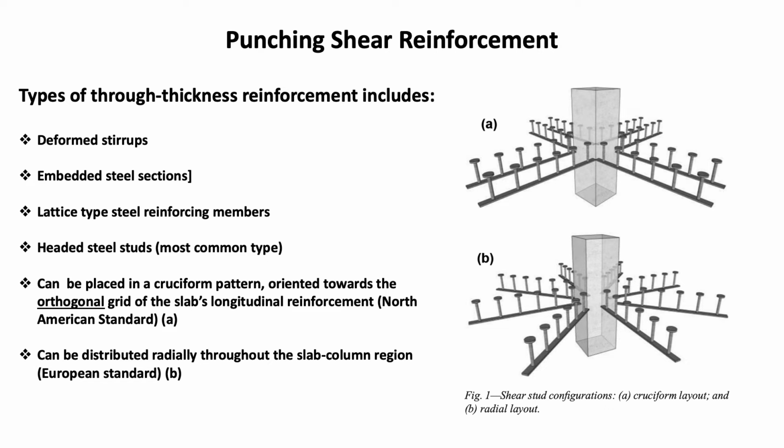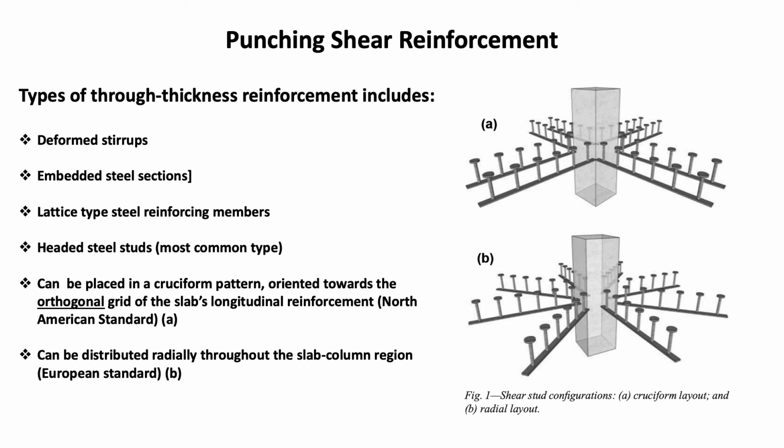When the concrete punching shear strength is not enough to withstand the applied shear stresses, punching shear reinforcement might need to be added. Different types of through-thickness reinforcement include deformed stirrups, embedded steel sections, lattice-type steel reinforcing members, and headed steel studs, which are the most common and most used type.